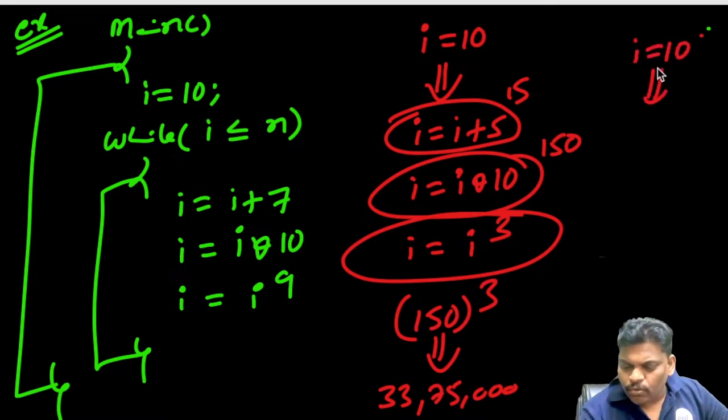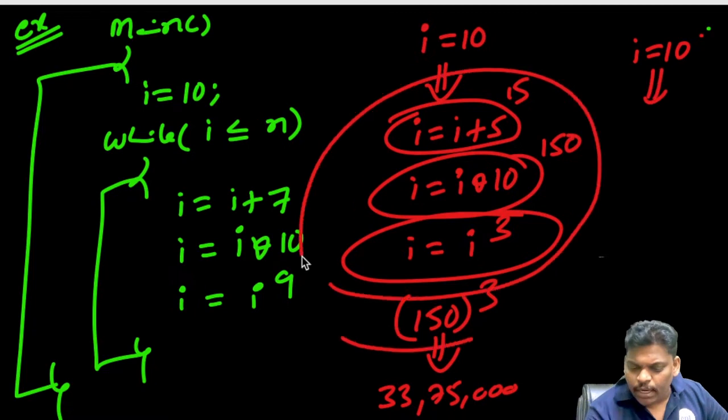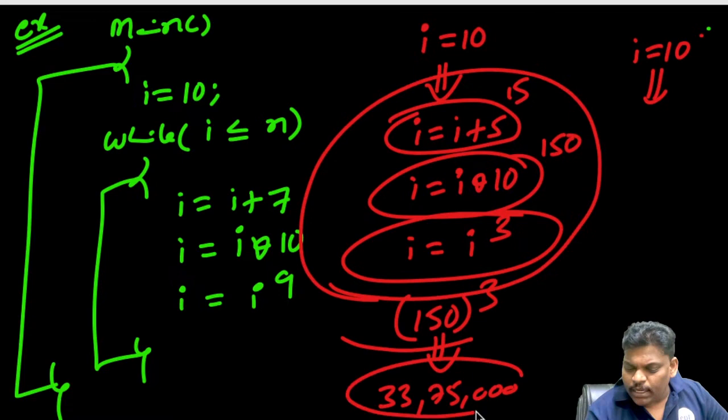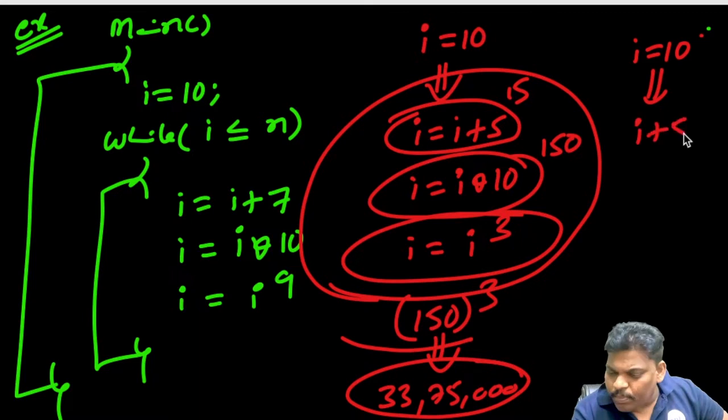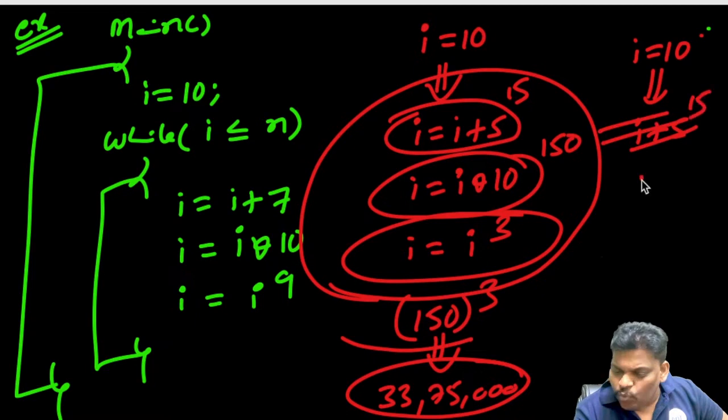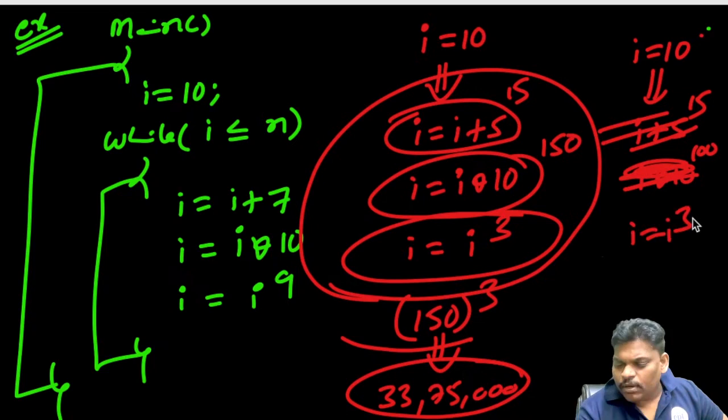If I do all three operations combined, I got approximately 33 lakh 75,000. If I do only i plus 5, it will give only 15. If I do only i into 10, it will give 10 into 10, 100. If I do only i cube, it is going to be 10 into 10 into 10, 1000.